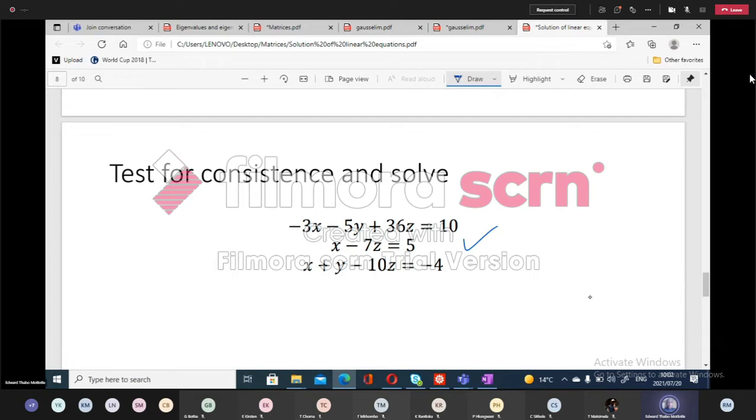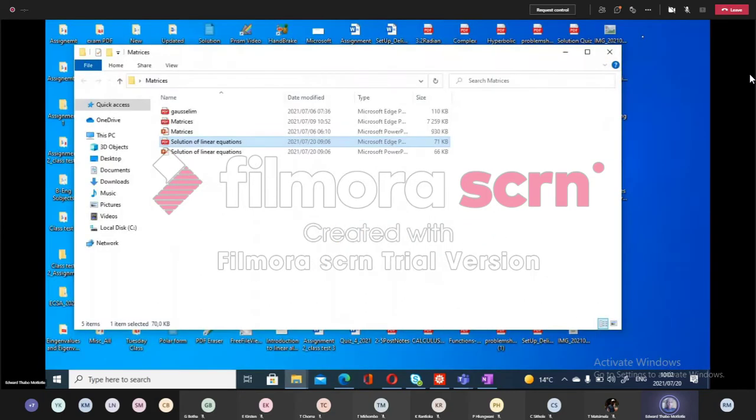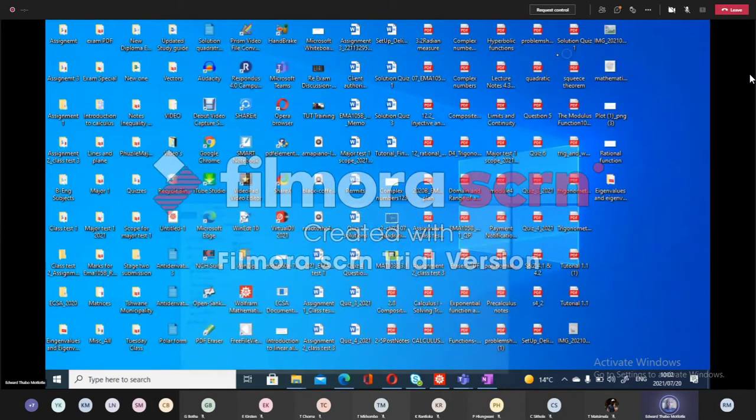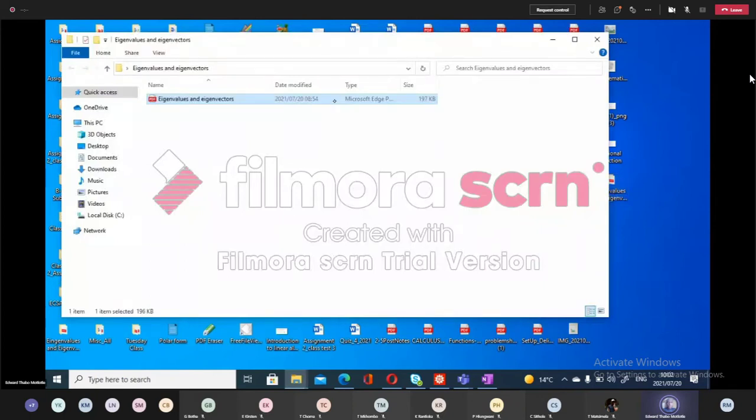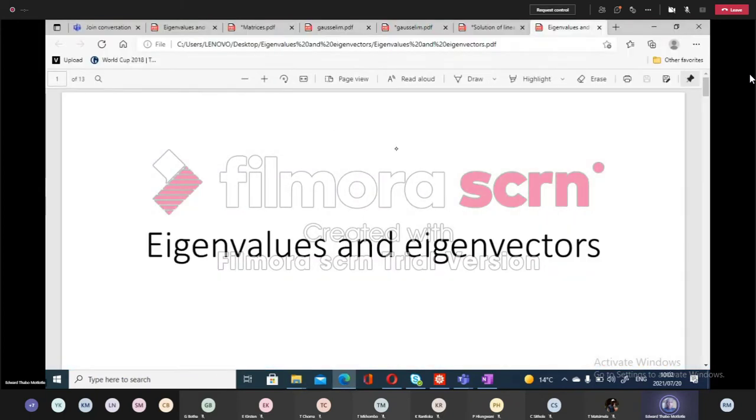Okay, now I'm going to move to the next topic, which is the eigenvalue problem. I don't remember where I put it. Oh, it's here. So the eigenvalues and the eigenvectors.